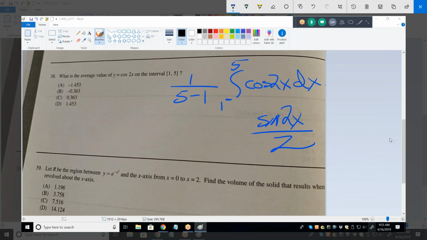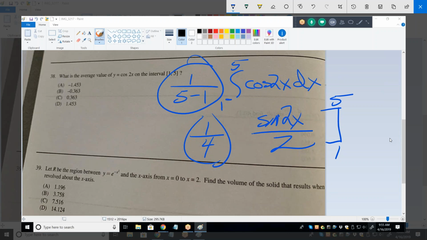I'm evaluating that from 1 to 5, and I'm going to multiply it by 1/4. This part right here. So that's sine of 10 over 2 minus sine of 2 over 2.